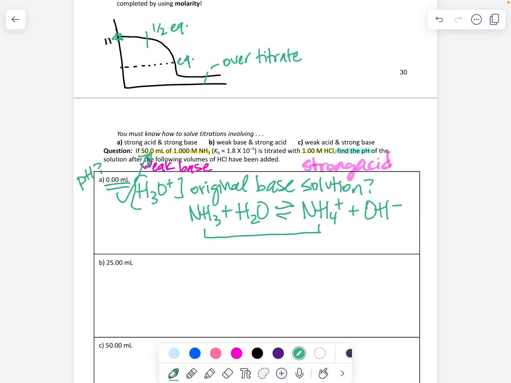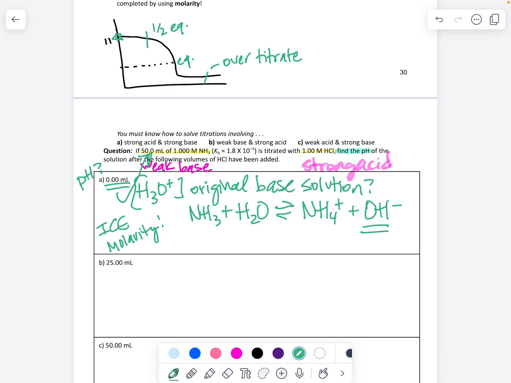When I'm thinking about an equilibrium system, I think about an ICE table. And when I do an ICE table, initial, change, equilibrium, those are always in terms of molarity. Okay, so what I'm really wondering is, what is the molarity once it reaches equilibrium for my OH minus? Because then I could calculate my H plus or my H3O plus and then find that pH. Okay, so I need the molarity of my starting solution.